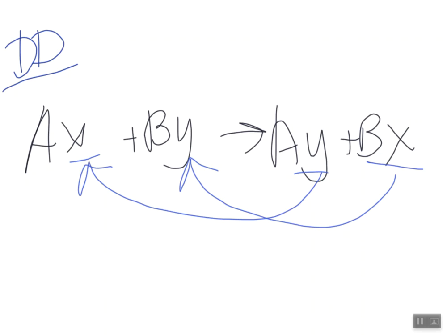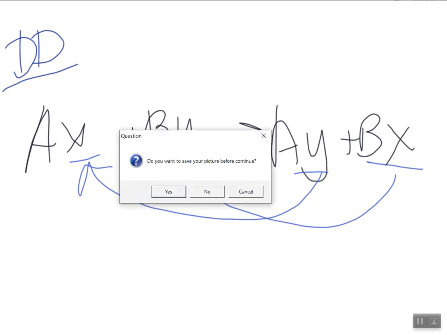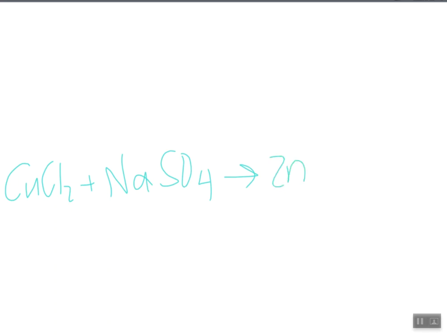So an example of this would be, let's say CuCl2 plus Na2SO4 goes to 2NaCl plus CuSO4.